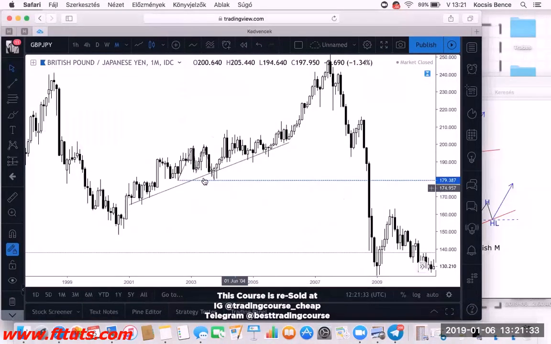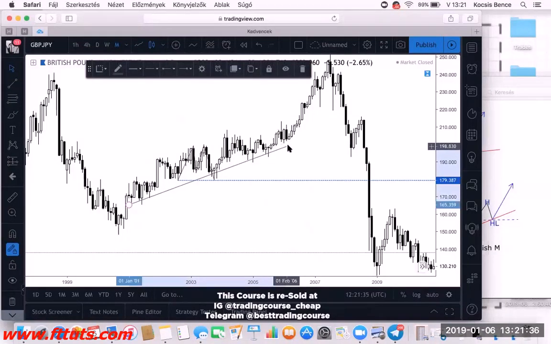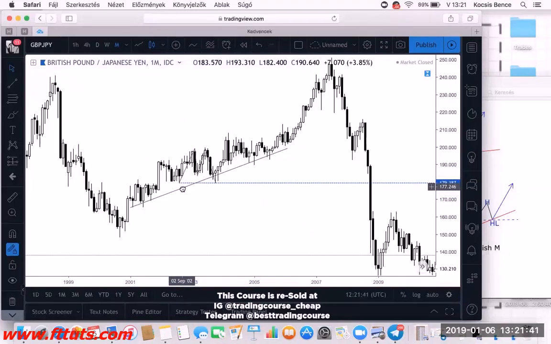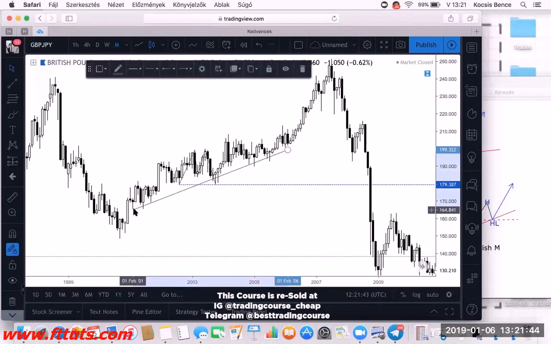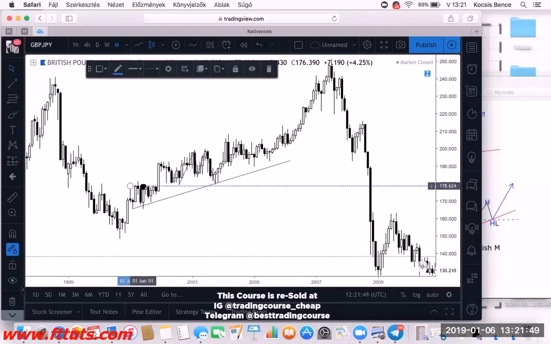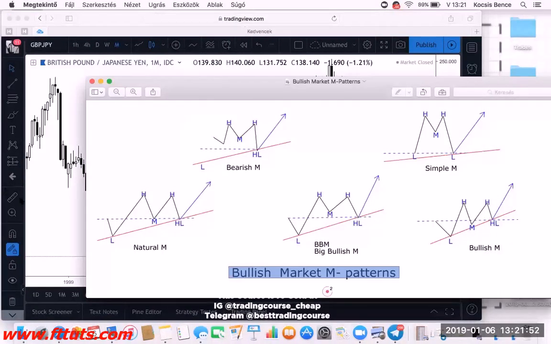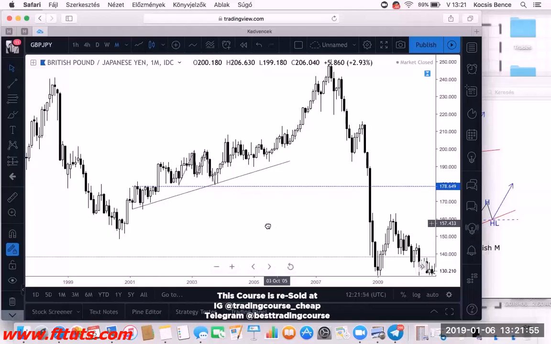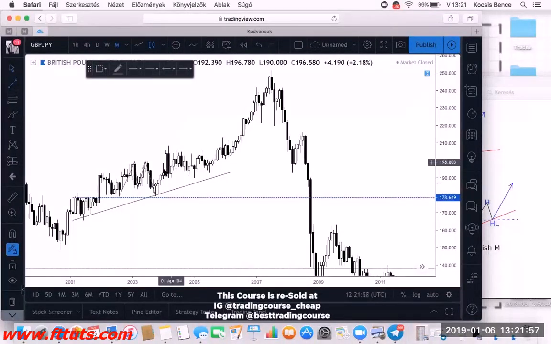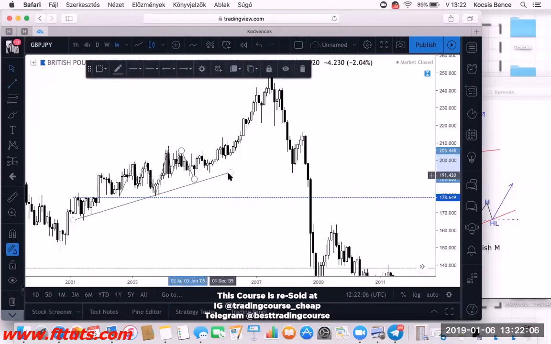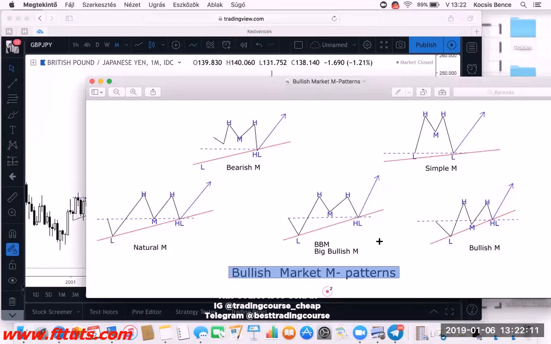Simple M. Up, down, up, down. This is the big bullish M.